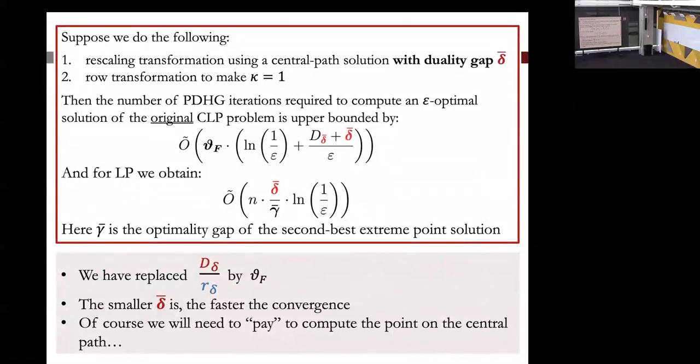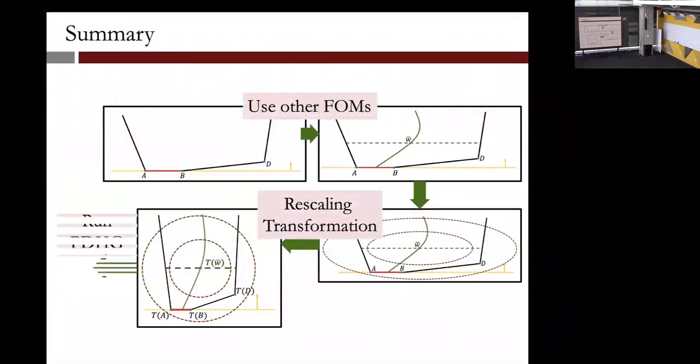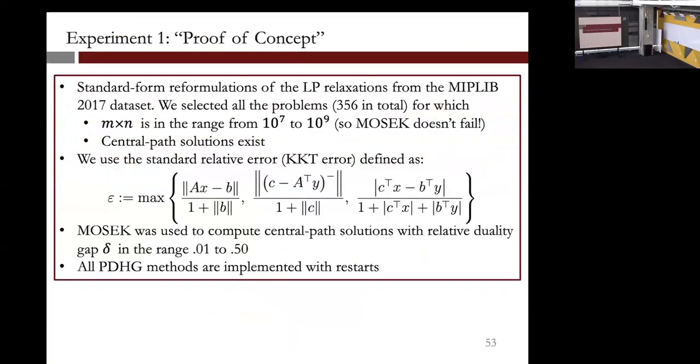I also say here that, of course, we're going to need to pay to compute this point on the central path. And here it is again, but now I'm just going to show you some computational experiments. I'm going to measure error, which is the standard stopping criteria error for linear programming problems.